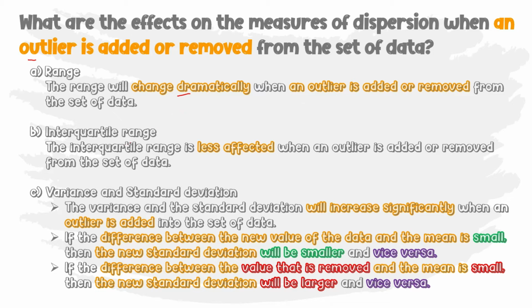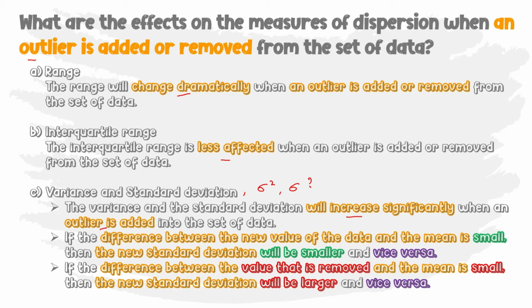For the interquartile range, it is less affected when an outlier is added or removed from the set of data. Next is the variance and standard deviation. What happens to them? The variance and standard deviation will increase if an outlier is added.